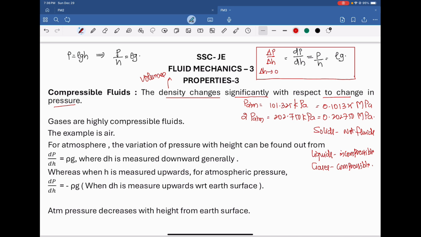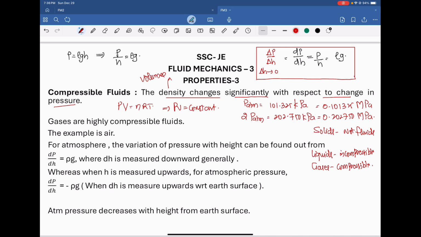What is the ideal gas equation? PV is equal to nRT. When n doesn't change, R doesn't change and T doesn't change, PV is equal to constant. That is Boyle's law.